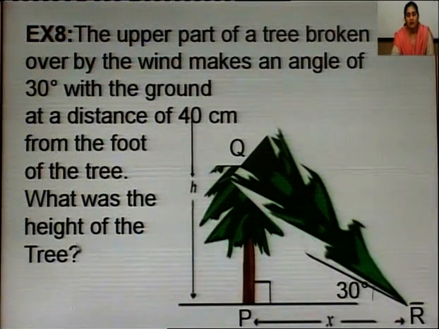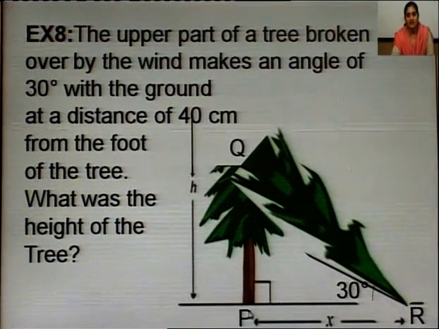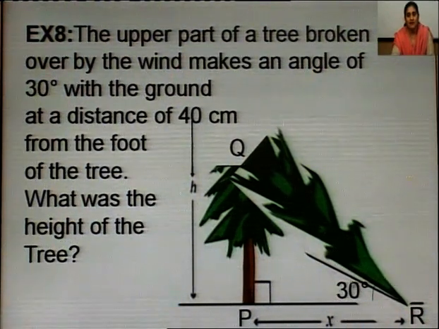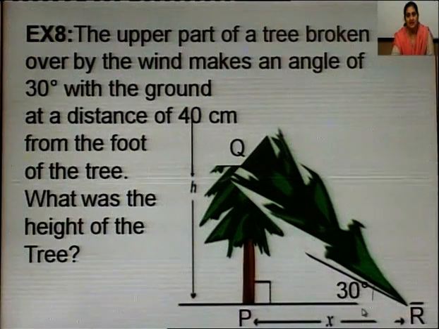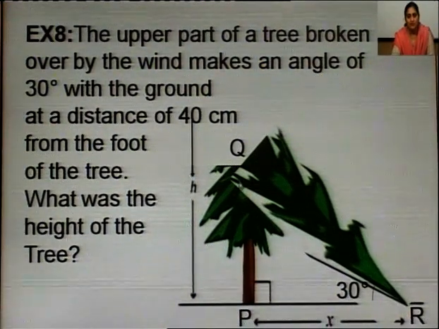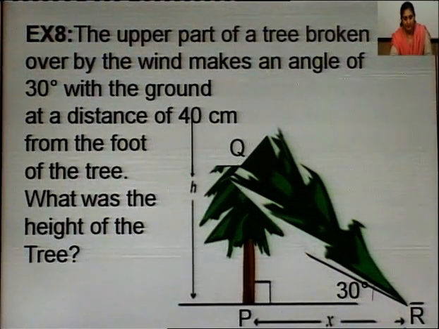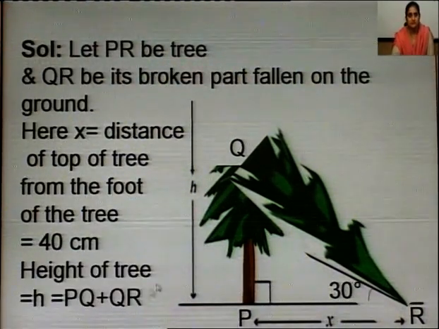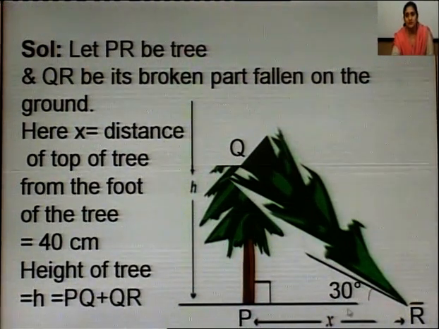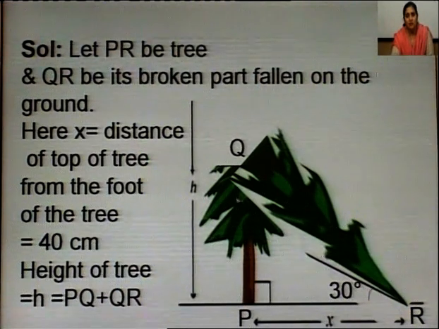So we have to find the initial height of the tree, that is equal to PQ plus QR. Now we are given the angle of elevation 30 degree, and we have to find the length of the tree. Now let PR be the tree, PQ plus QR, that is the tree, and QR be its broken part fallen on the ground.